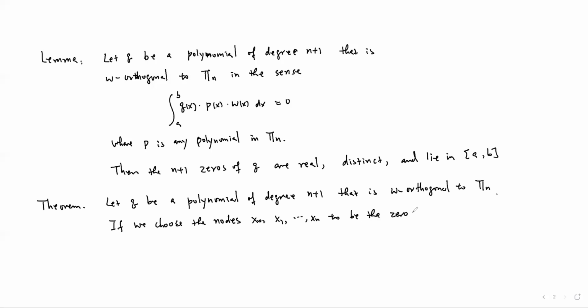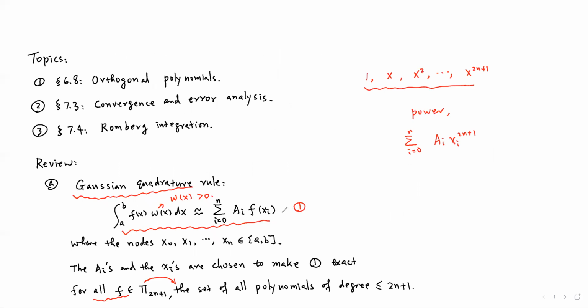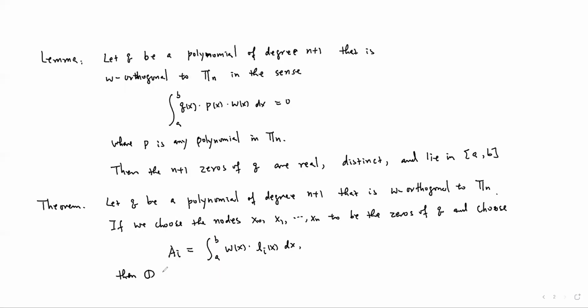to be the zeros of this polynomial Q, and choose the coefficients A_i to be the integral of W times the cardinal function in Lagrange interpolation, dx, then the formula 1 is a Gaussian quadrature.